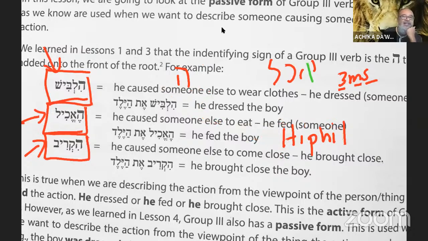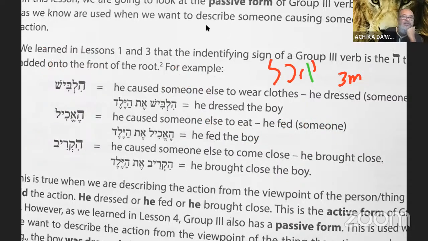So let me break it down a little bit simpler for us. For example, here's the H, and here's the yod. So the H is just an I, and then it's a PH, and then the IL.